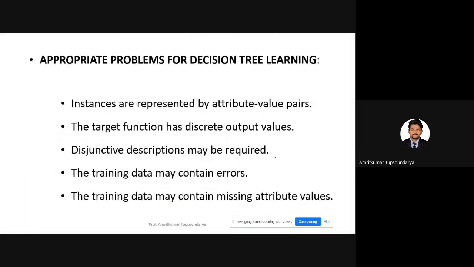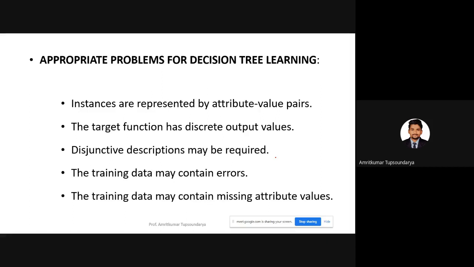Now, what are the appropriate problems? The question that arises is, what are the problems that can be called decision learning problems? As we discussed the well-posed problems in machine learning, if you remember our introductory classes, we discussed what kind of problem can be called a well-suited problem for machine learning.